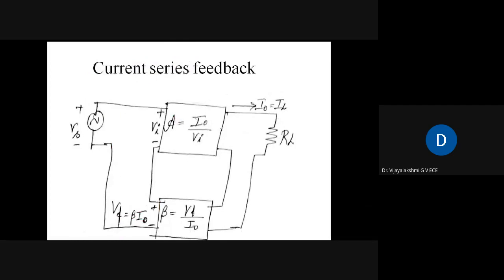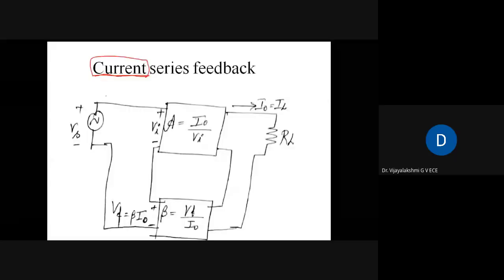Now coming to current series feedback. Okay, so current series feedback. So just analyze the first term, current. Current means what? In case of feedback, as I had told you earlier, the first term indicates what type of signal I'm taking from the output. Now it is current, right? So I have to take current from the output.